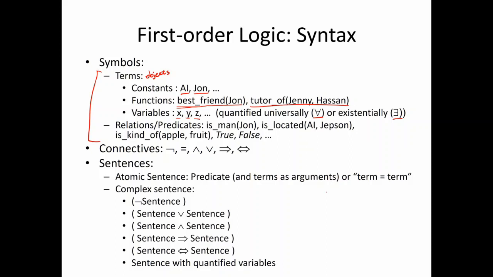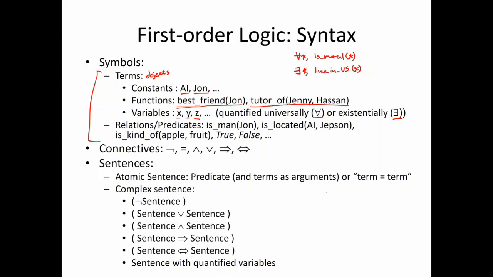So if you say, for all x, mortal x, that means all objects are mortal. But if we say there exists x, lives in US x, that means there are some objects that live in the US. And lastly, we have predicates, and these are the things that have truth values.